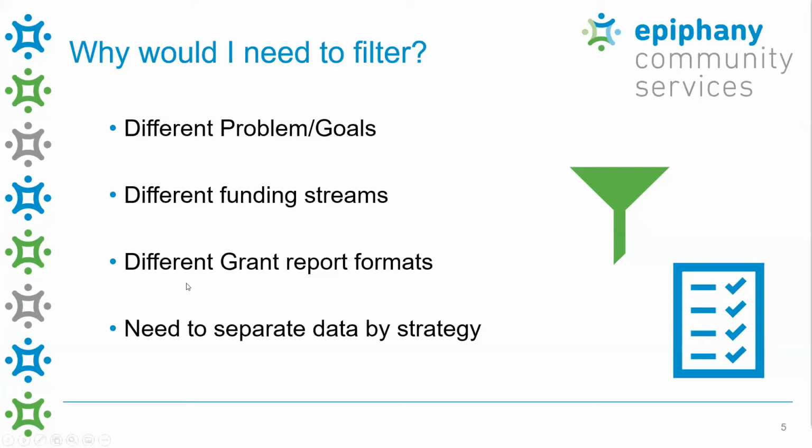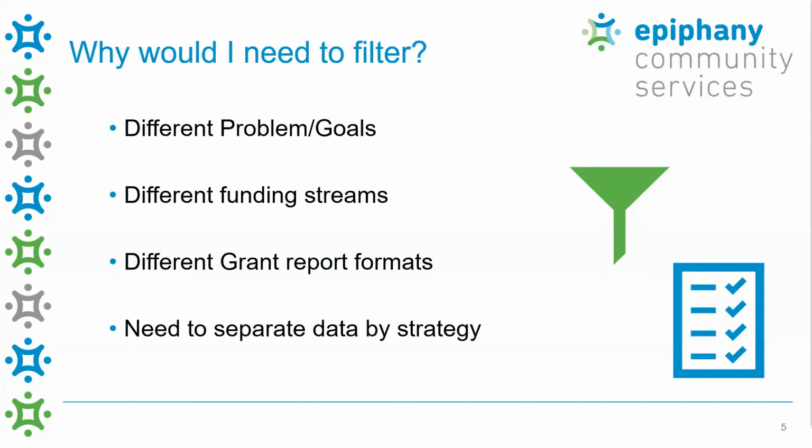The next thing could be different grant report formats. As much as we wish it was a standardized system, we know that different grants require different reporting formats. If you are a DFC funded coalition, you have that system to put all your data into. Let's say you have another type of grant, like a block grant, maybe a state grant.